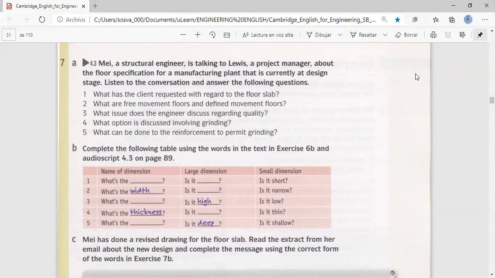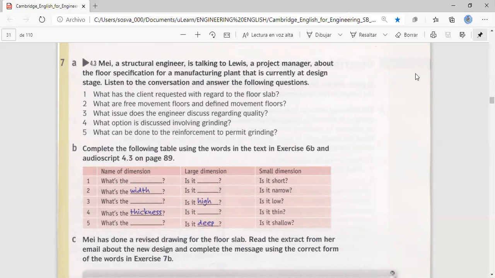So these 5 questions, we have to answer them from the conversation between May and Lewis. Remember, both of them are working on the same project. The difference is that Lewis is a project manager and May is a structural engineer. So they have to follow the instructions that the client requests.